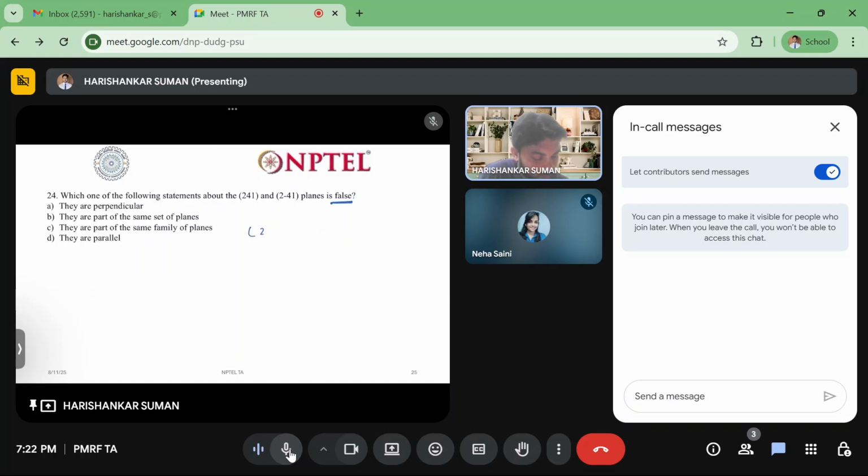We know 2 4 1 belongs to a family and set of planes, we can replace with minus also, and a family of planes are parallel. So these are right, but this is the false statement. That's why this is the correct answer according to this question.